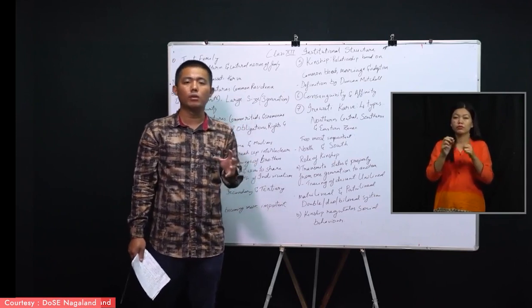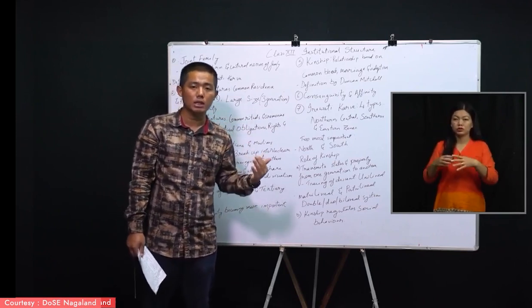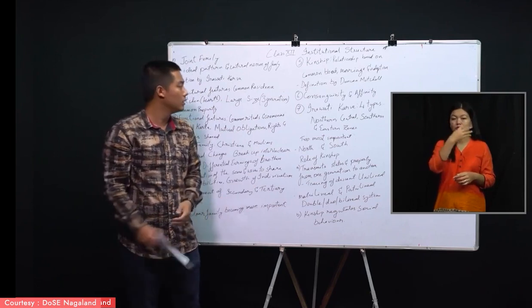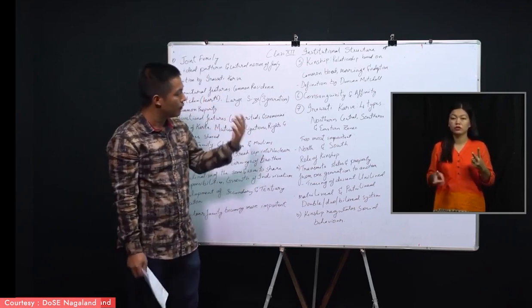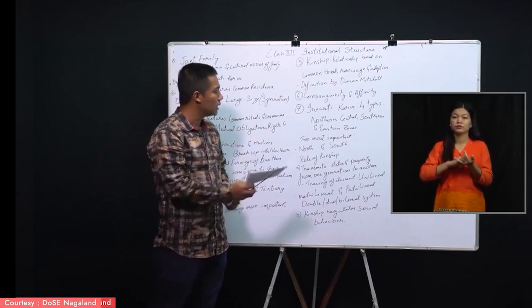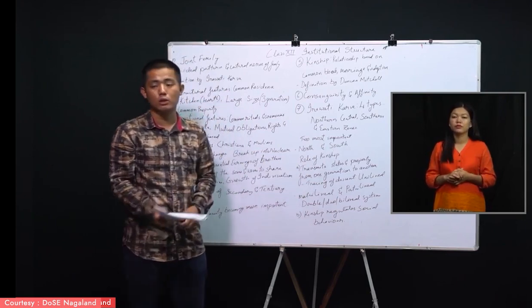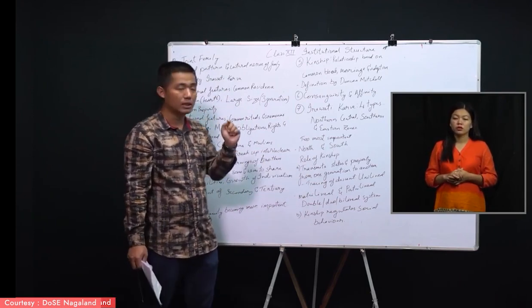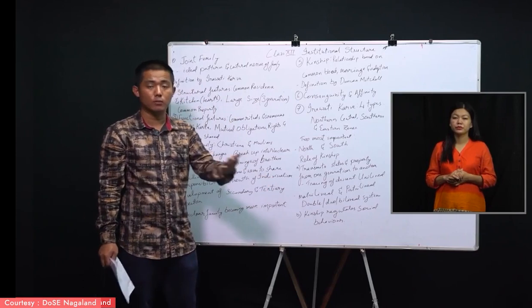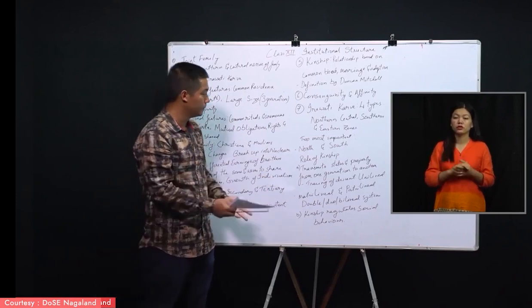Those are some of the differences which we can see in the different types of marriages in different zones, according to Iravati Karve. So those are the factors which differentiate between them.